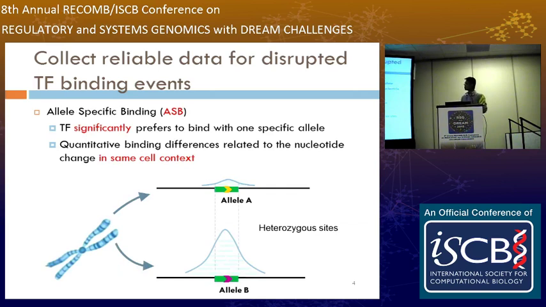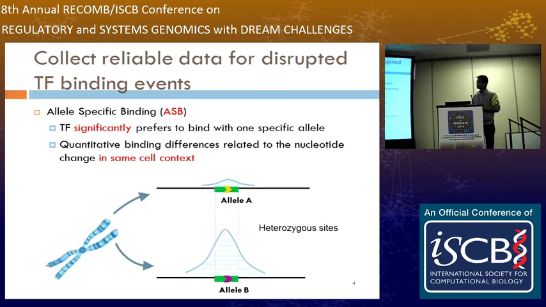In the human genome, we have 2 copies of DNA, and then we would have some heterozygous sites. If transcription factors significantly prefer to bind one of these alleles, we call it an ASB event. ASB events are good for our purpose of predicting the impact on transcription factor binding, because they provide the quantitative binding difference between these 2 alleles.